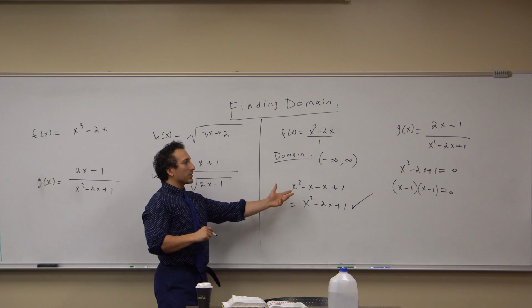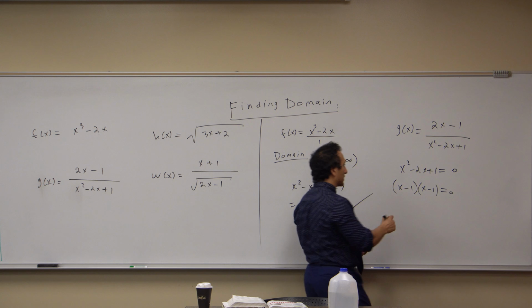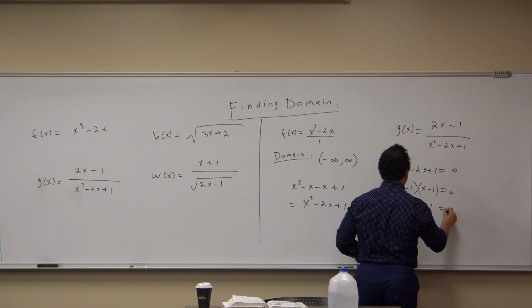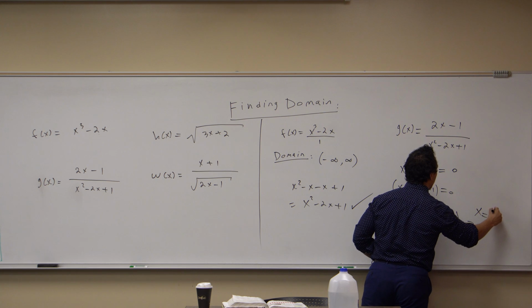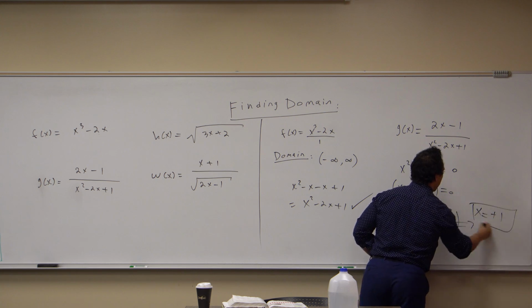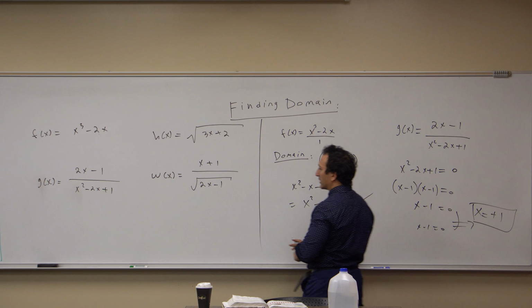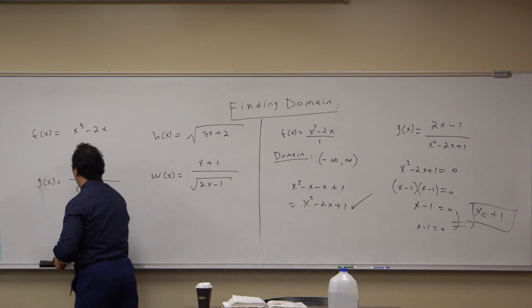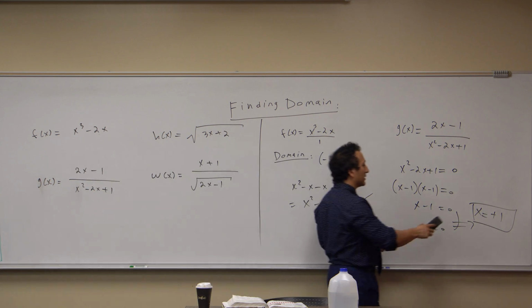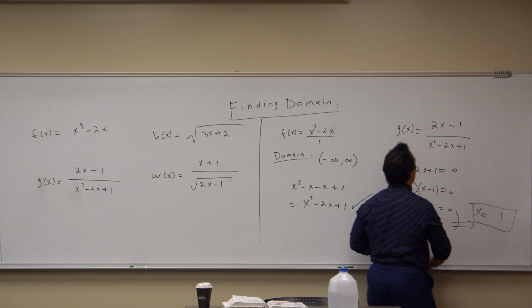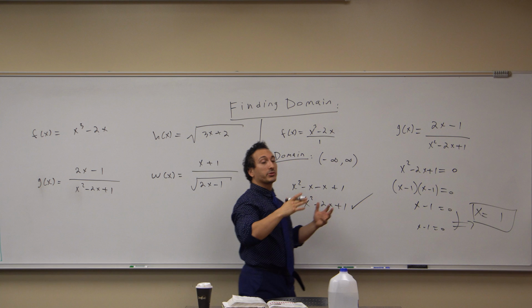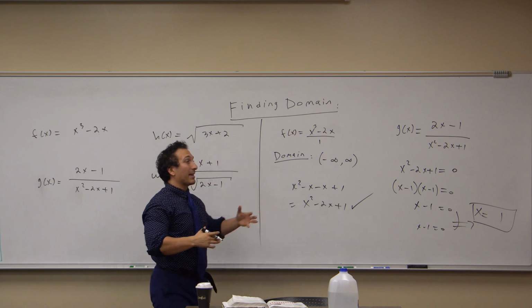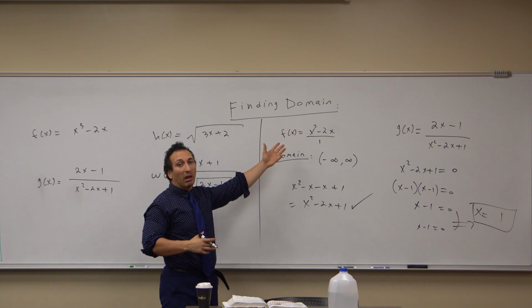So x minus 1 and x minus 1 are set equal to 0 separately. They both result in x being equal to positive 1. So when x is positive 1, we would be dividing by 0, and that's not allowed. But every other number that we pick is okay.